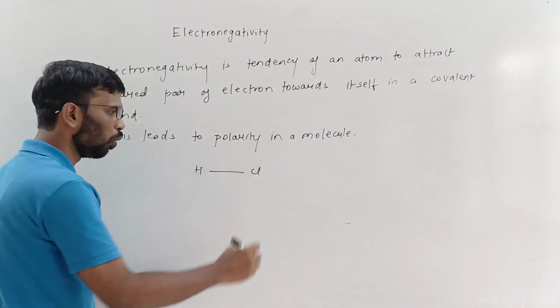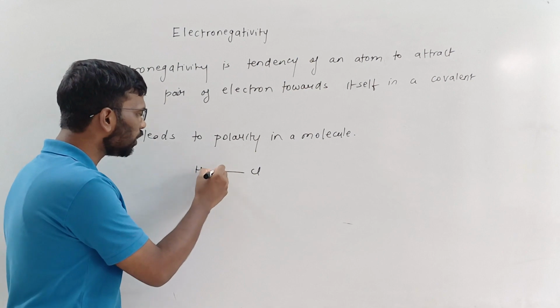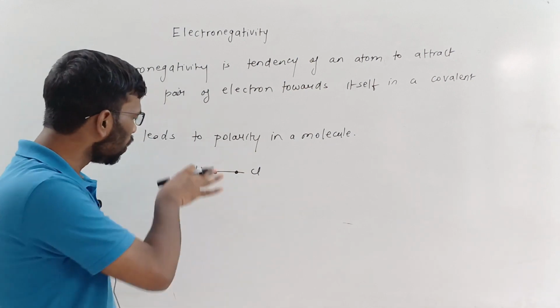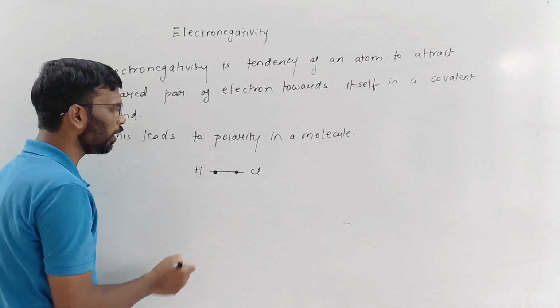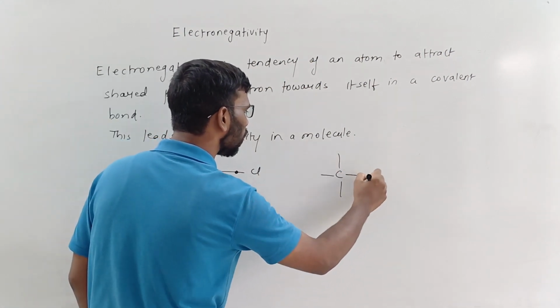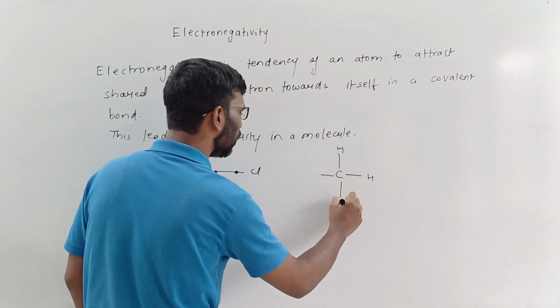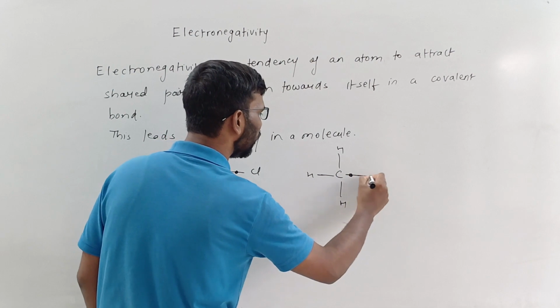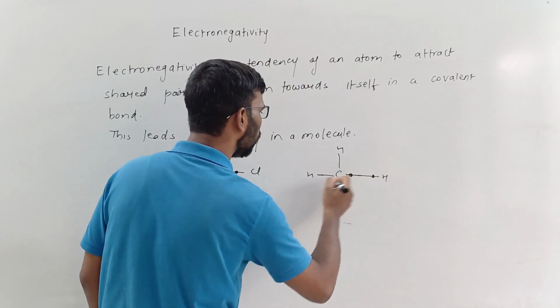Hydrogen and chlorine. This is a bond formed by sharing of electrons. This is how we represent a covalent bond. We'll take a methane molecule. This is a hydrogen, and this is hydrogen. This is the bond between carbon and hydrogen.